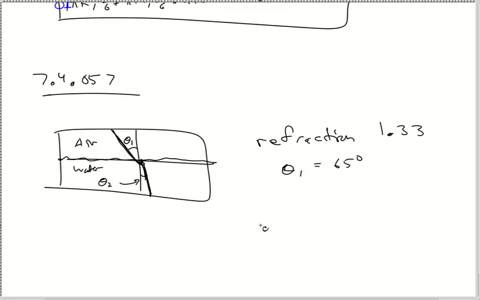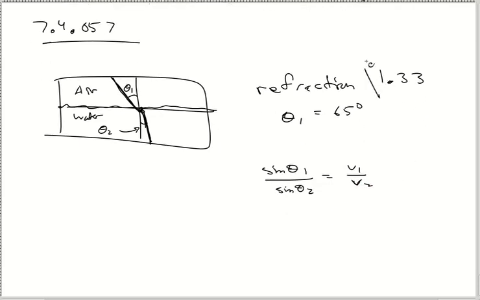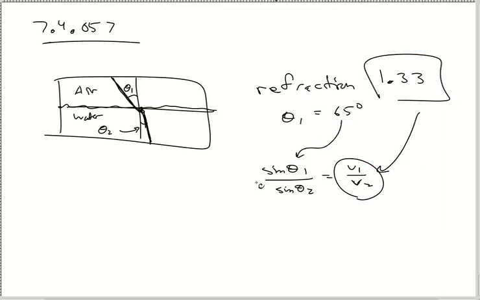And they also say that sine of theta 1 divided by sine of theta 2 is equal to V1 over V2. Now, what are they talking about? Well, this guy right here is my fraction, and we know that that's going to be a 65. So I'm just replacing a couple things here.